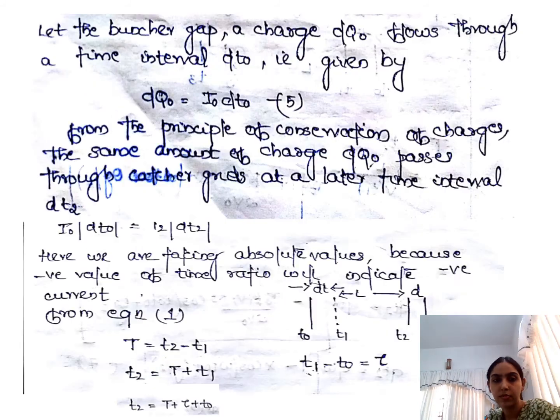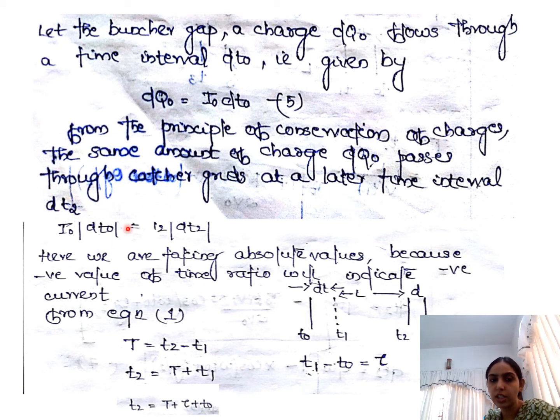Now when we are taking the Buncher gap, if an electron or a charge is flowing at a time interval of t0, then its expression can be given by dq0 is equal to I0 into dt0. Now we know that from the principle of conservation of charge, the same amount of charge will also pass through the catcher gap at a later interval, say at a time of t2, when it is entering the catcher cavity.